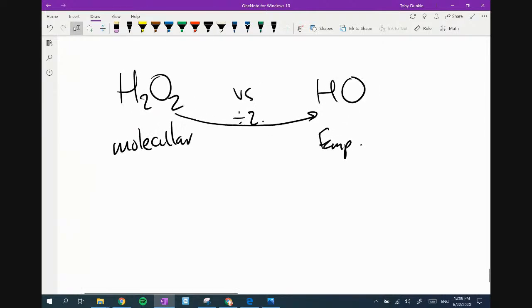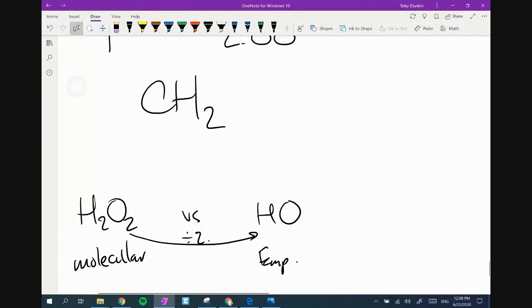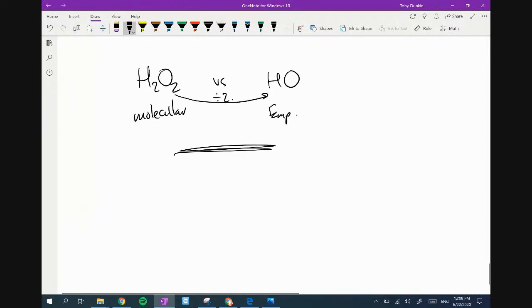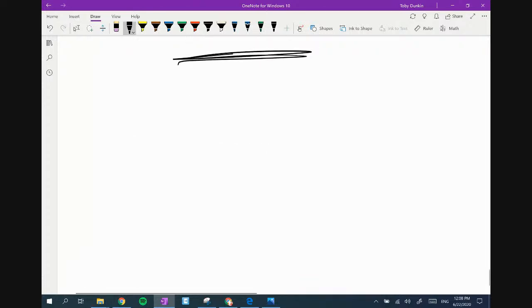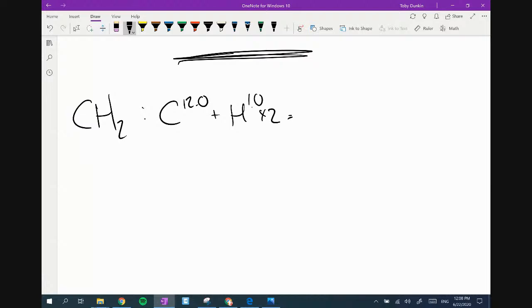Well, how do you work out that divide step if you've only got the empirical? Well, the way you do it is by working out the formula mass. The mass of the empirical is carbon 12.0 plus hydrogen at 1.0 times 2, which gives me 14.0. This is the weight of the empirical.